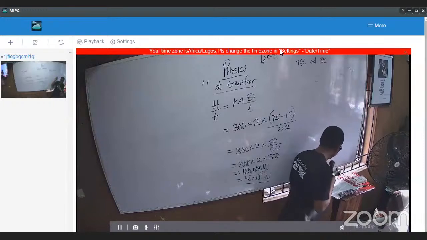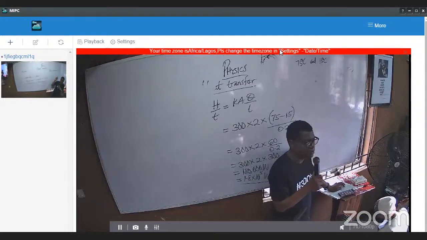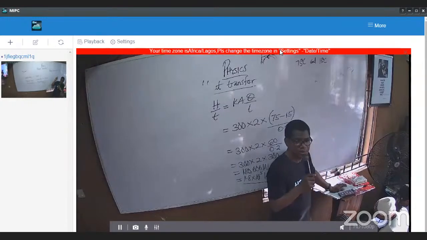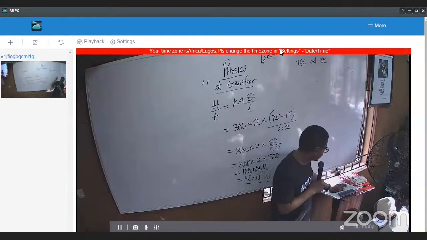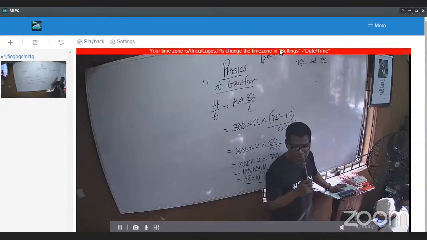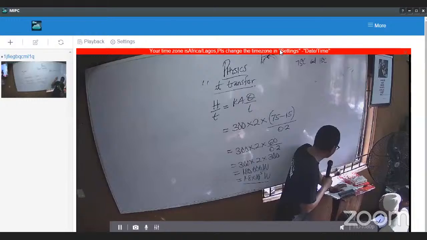Number 10. In a time of flash, come on. Heat loss by radiation is minimized by the option A, plastic stopper.